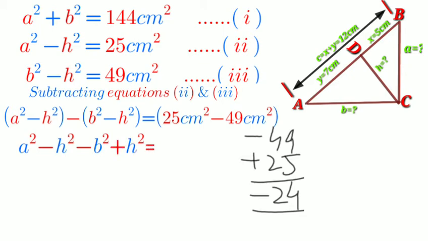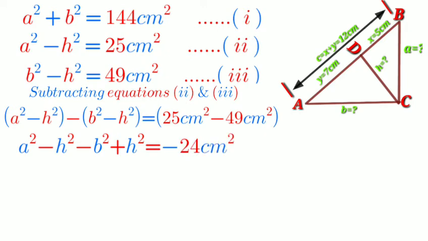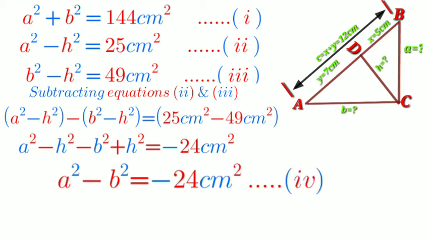So A square minus H square minus B square plus H square is equal to minus 24 square centimeter. On cancellation, minus H square plus H square, then A square minus B square is equal to minus 24 square centimeter, which is equation 4.